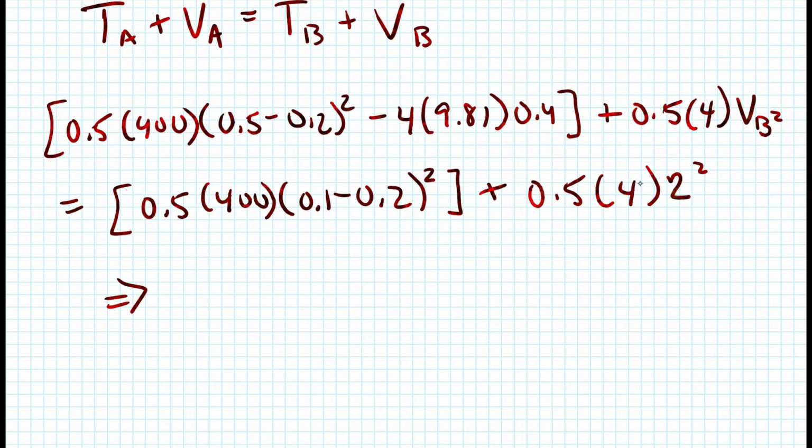For us, this yields V sub B equal to 1.96 meters per second.